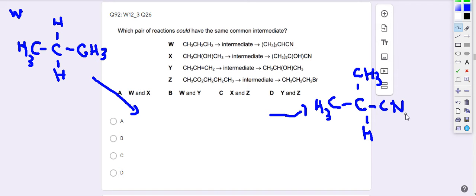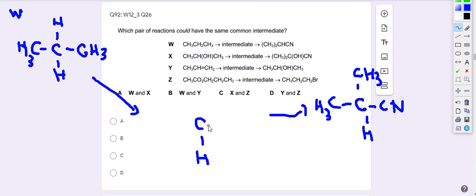So try to recall all the reactions that you have learned. Which compound can be converted to a nitrile? The first reaction that I can think of is halogenoalkane with cyanide ion. So let's say the middle one is a halogenoalkane.